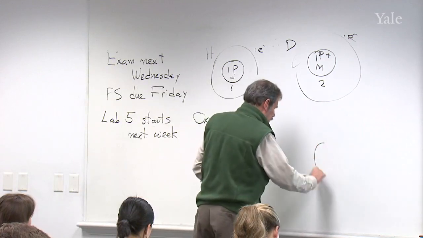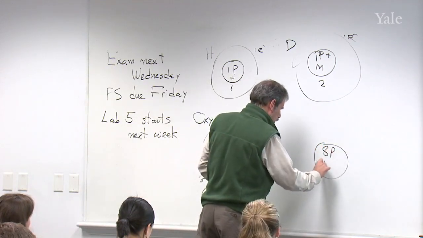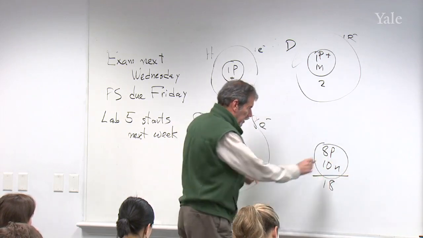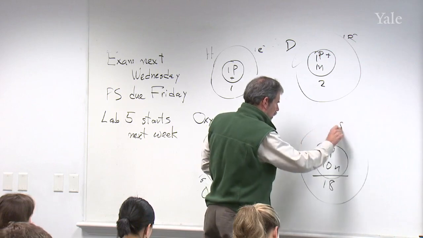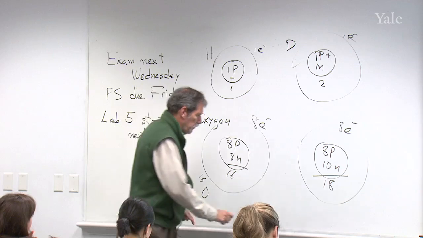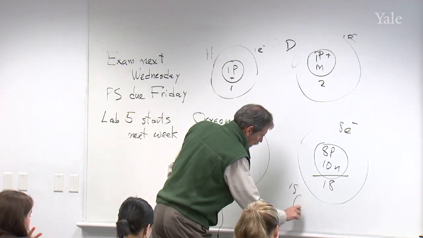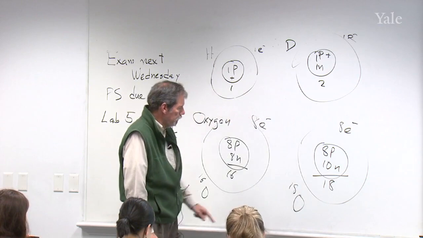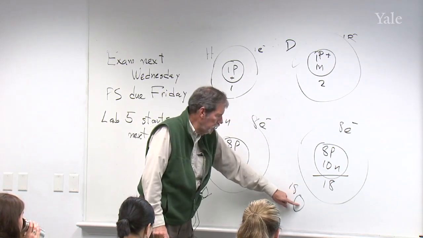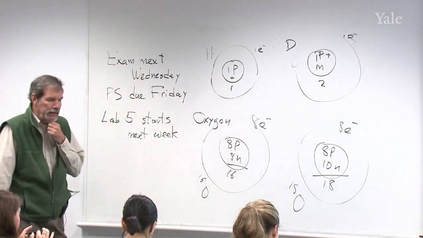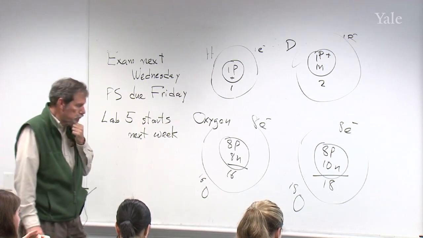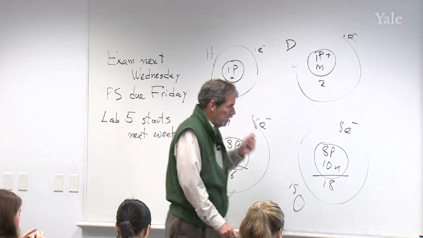The other one we're interested in has 8 protons and 10 neutrons, adding up to a mass of 18. Still has 8 protons, therefore it has 8 electrons. Same chemical properties, but a different mass, and this one is called oxygen 18. By convention, that mass number is put to the upper left of the letter symbol for that element. So oxygen 16 and oxygen 18.